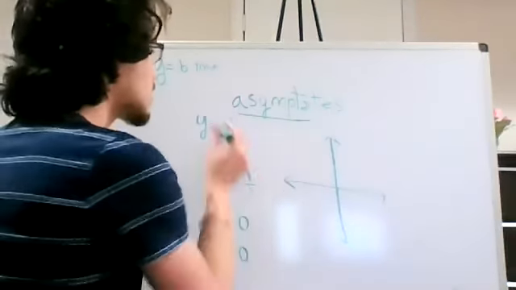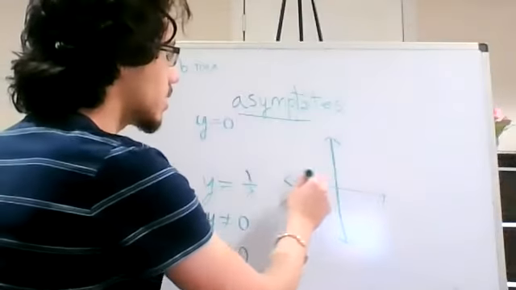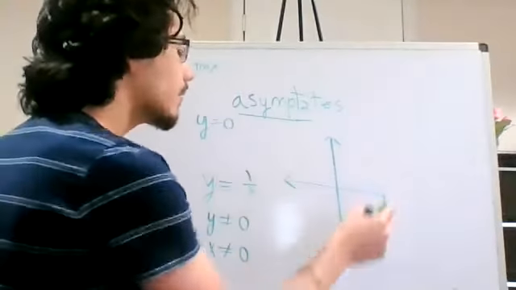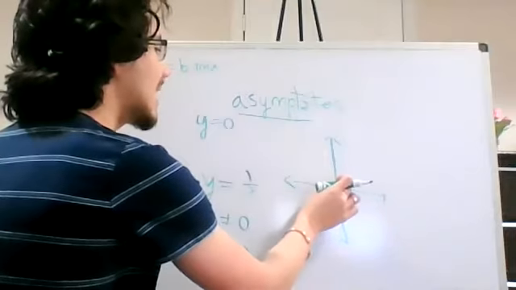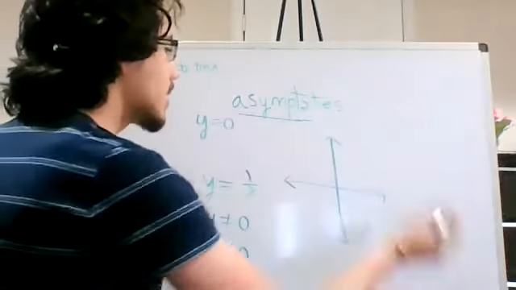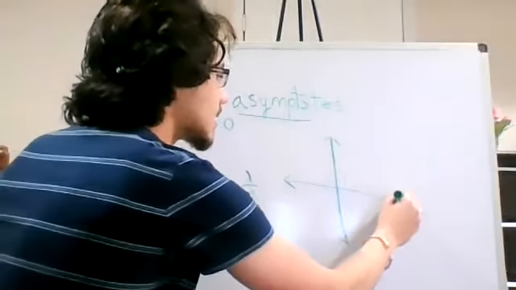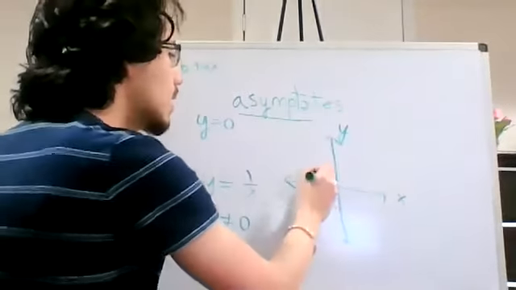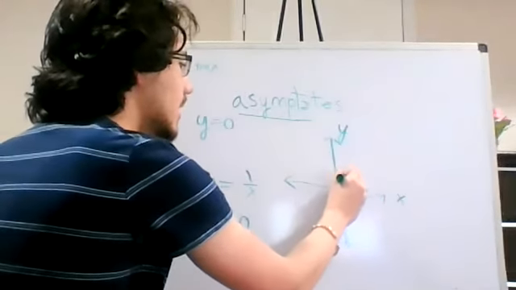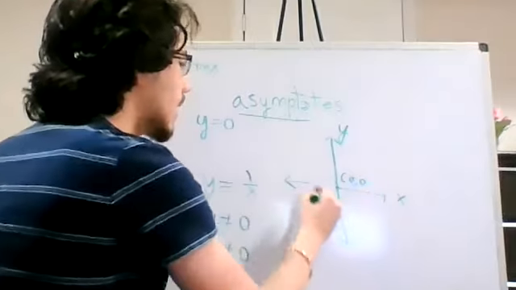Very good. So y equals 0 refers to all of the points on the graph where y equals 0, which is the center and the x-axis, because the x-axis describes all the points where y is 0. So at the origin is 0, 0.